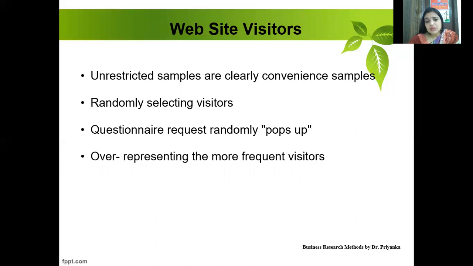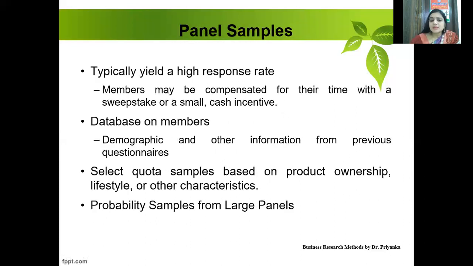That also helps sometimes. But yes, this would be over representing the more frequent visitors. Those who visit the websites very rarely or just a little less, they would not be part of this particular web survey then. Panel samples typically yield a high response rate. How? Because members may be compensated for their time with a sweepstake or a small cash incentive.